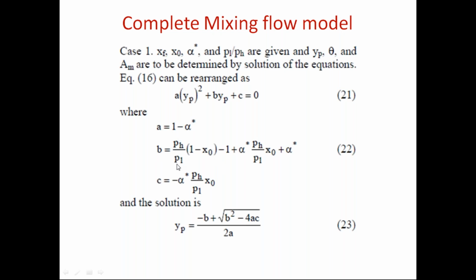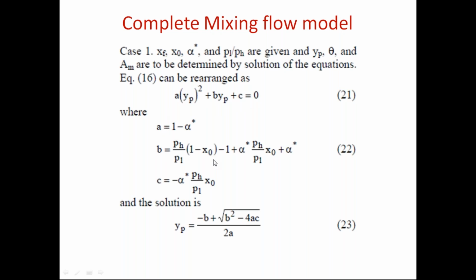The B is this much, PH by PL (1 minus X0) minus (1 plus alpha star) PH by PL X0 plus alpha star, and C is equal to minus alpha star PH by PL X0. So when you know the X0, XF, alpha star, A, B, C can be calculated.